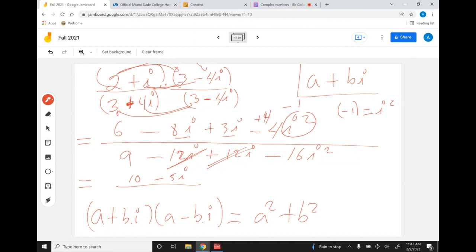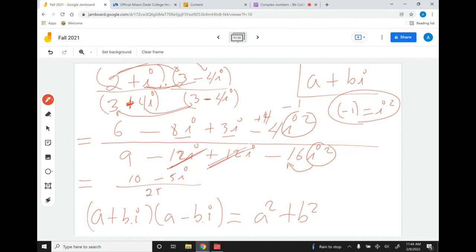It's a little bit messy, but you can follow. Let's do my denominator. Well, my denominator, I already canceled the middle terms. And this i squared will turn this negative 16 into positive 16 because of this reason. So that positive 16 will be added to the 9, and that will be 25.